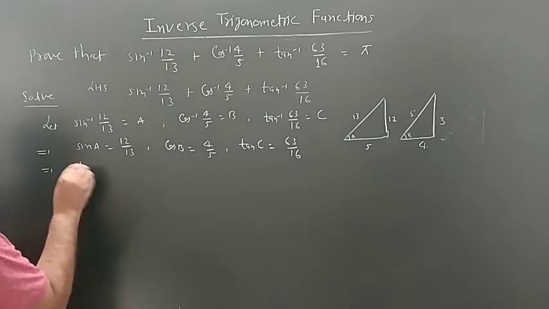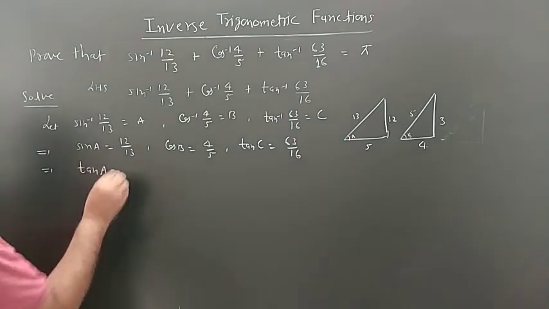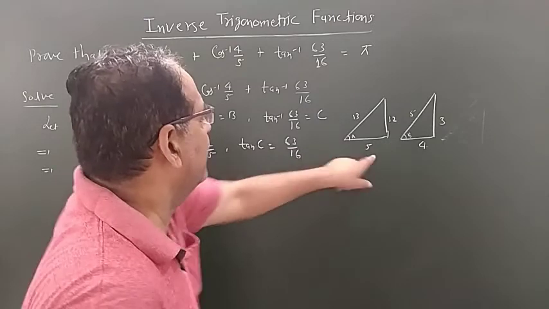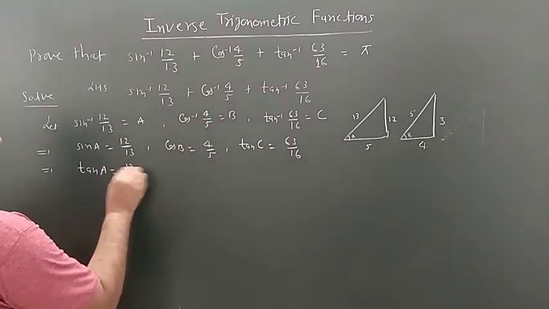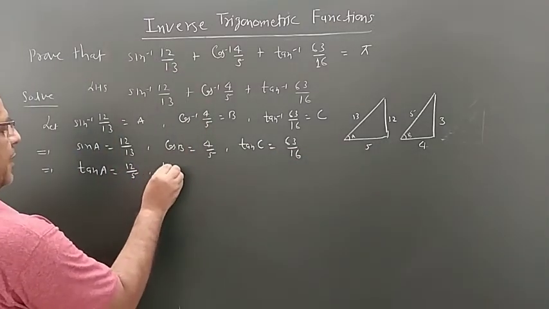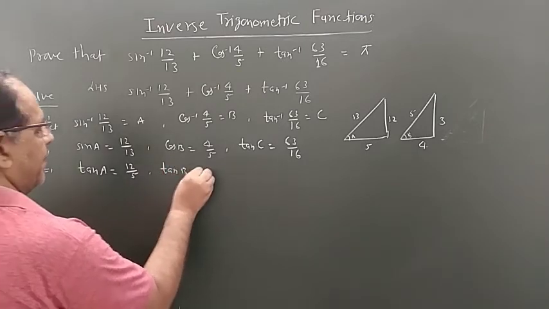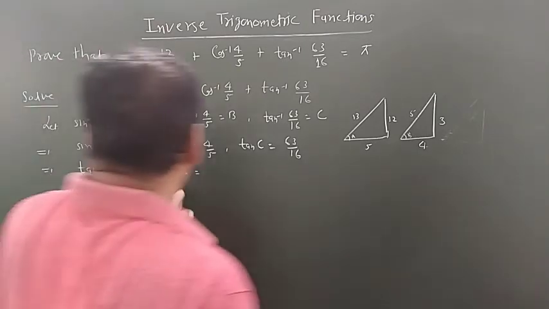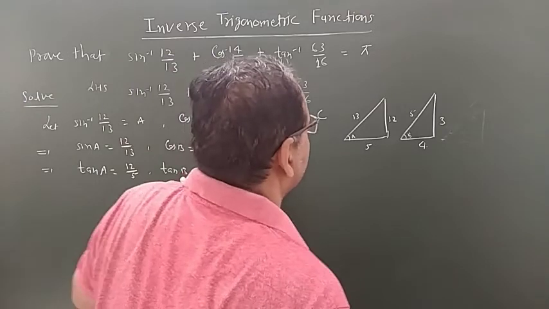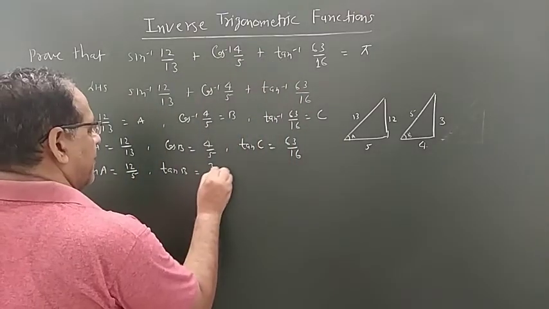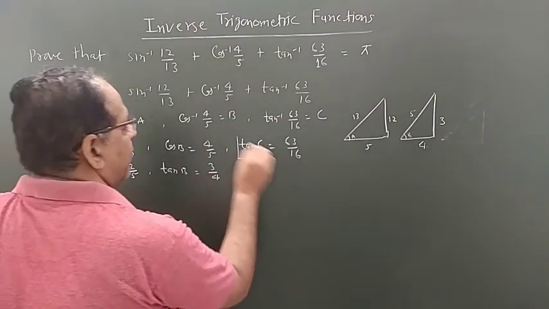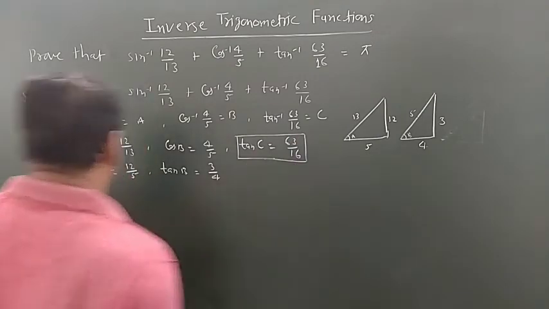Now tan A equals, by this figure, 12 upon 5, tan B equals 3 upon 4, and this is the value of tan C.